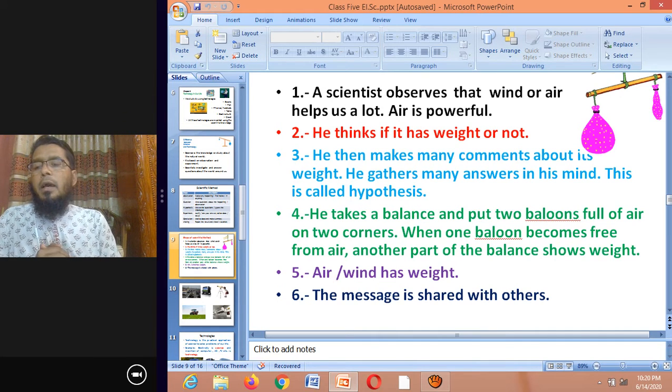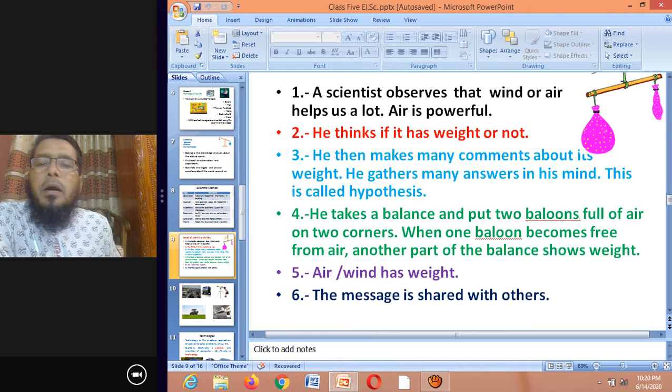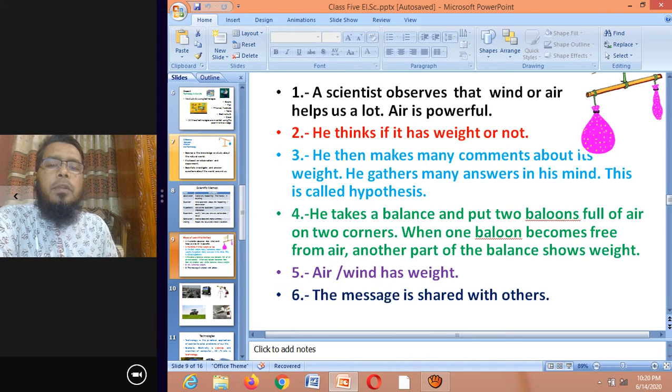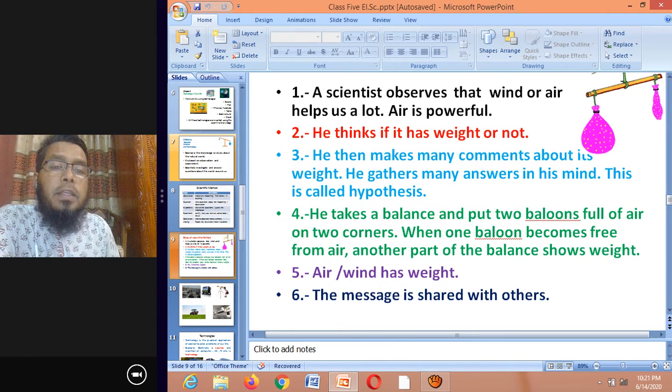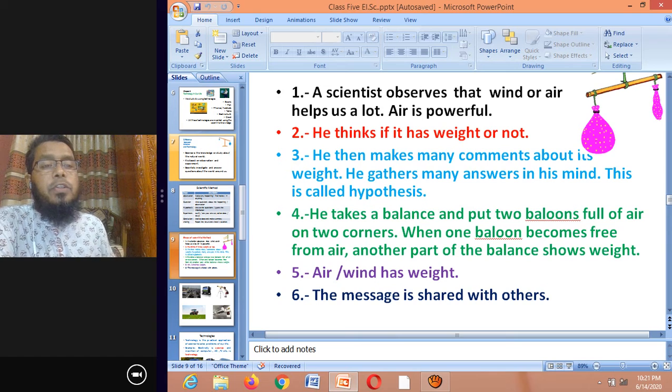I would like to give an example. A scientist observed that wind or air helps us a lot. We know air is powerful. This is his observation. And what is question? He thinks about whether it has weight or not. This is his question.